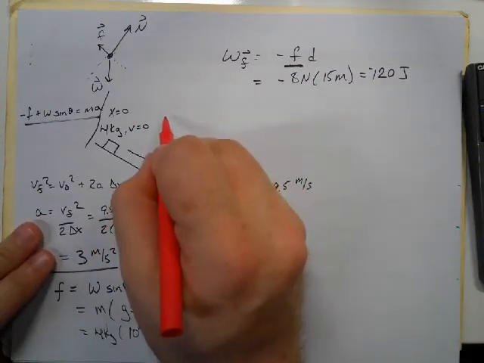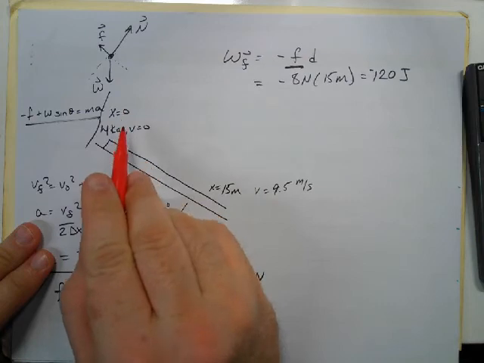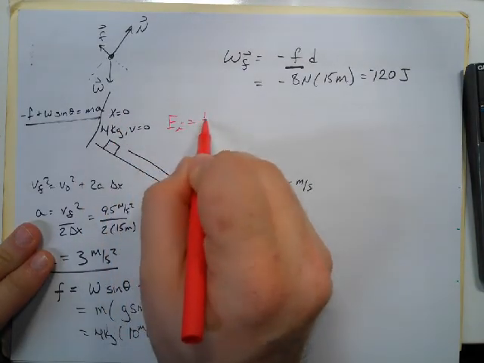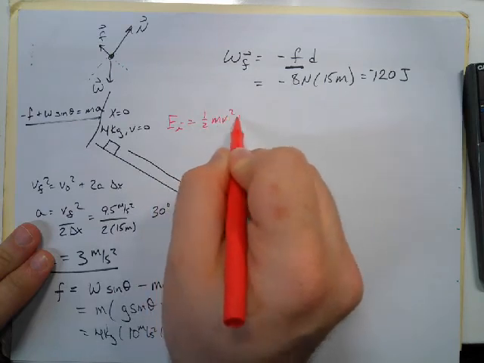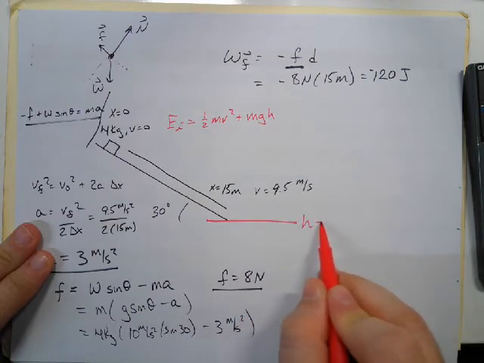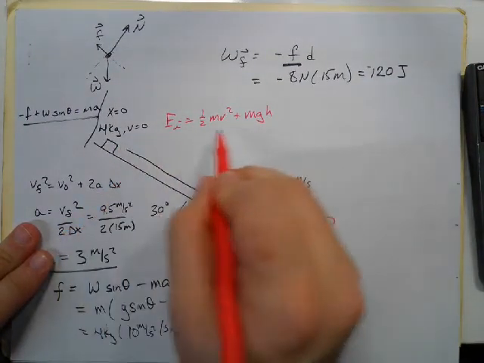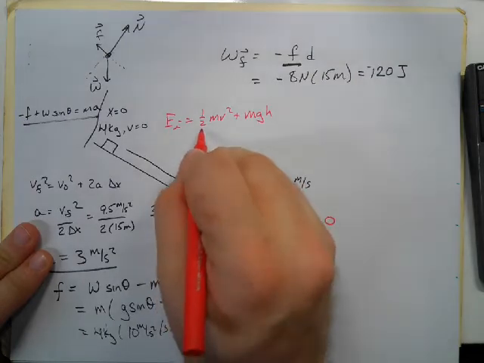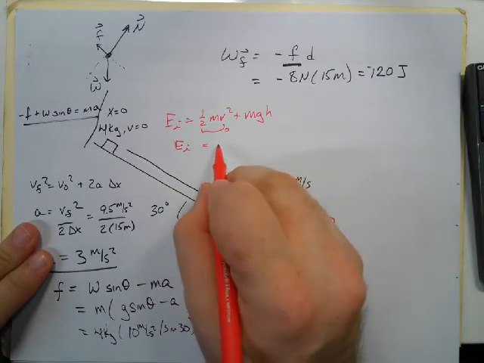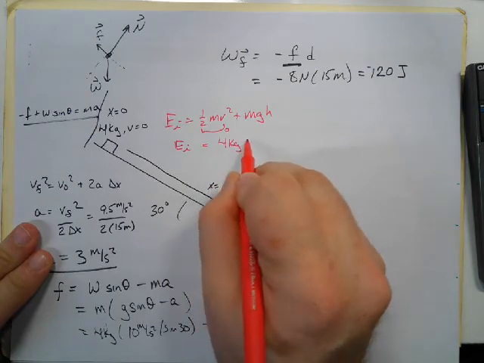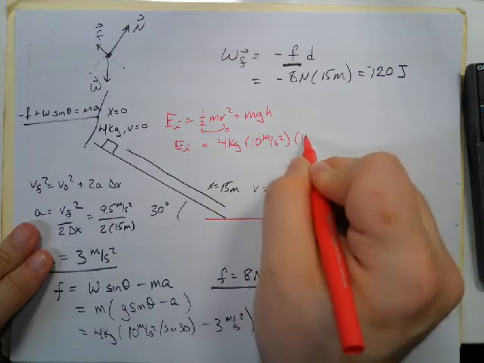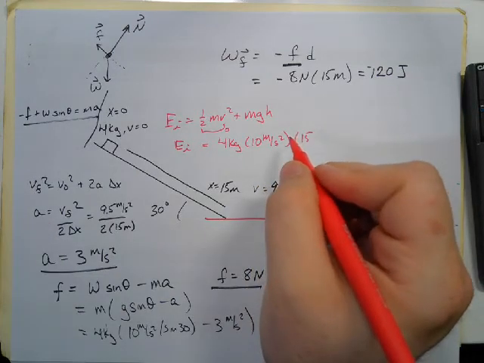Kinetic energy here is 0. The potential energy is at 15 meters. So let's find E initial: 1/2 mv squared plus mgh. And what we're going to do is say h is 0 at the bottom, and so h here is 15 meters. This term goes to 0, so E initial is 4 kilograms times 10 meters per second squared times, well, actually, we don't know what the height is.